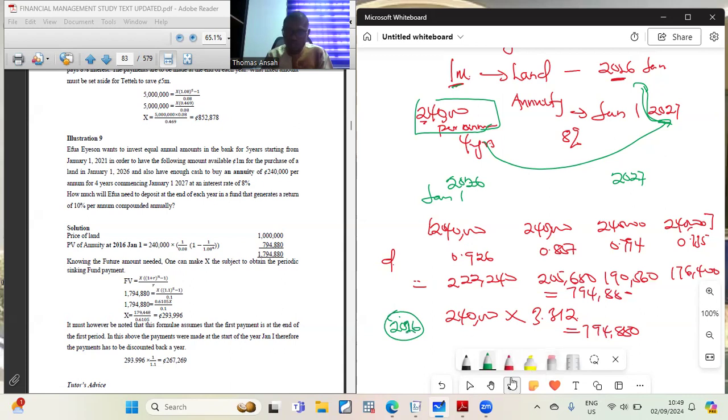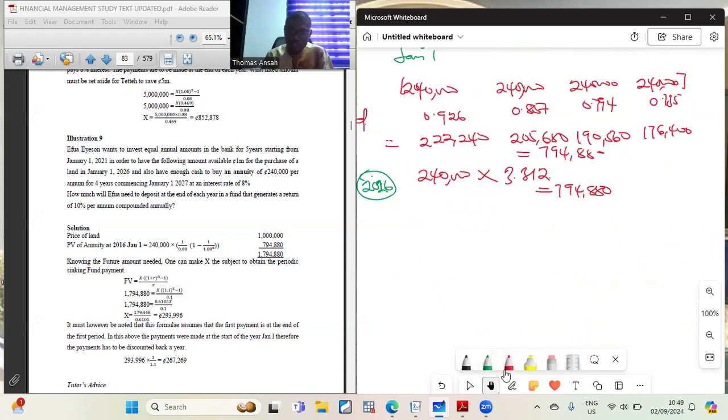So it means that in January 2026, I have the land value, which is 1 million. Then the annuity value also at 2026, which is 794,880.